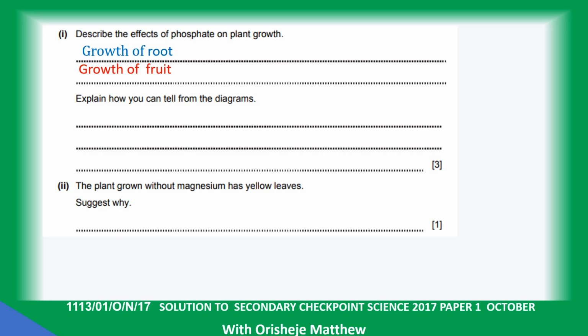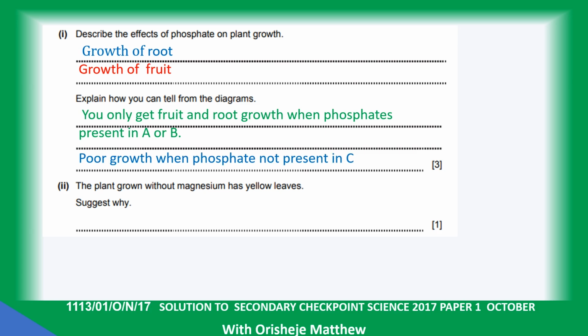Explain. You only get fruit and root growth when phosphate is present in A or B, based on the diagram given to us. Poor growth when phosphate is not present in C.